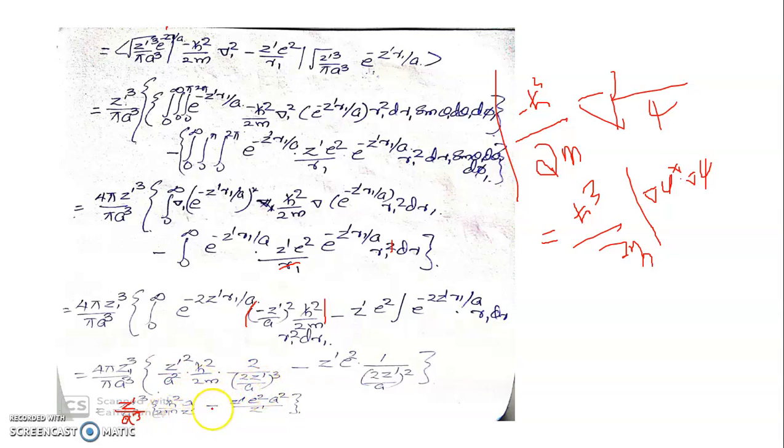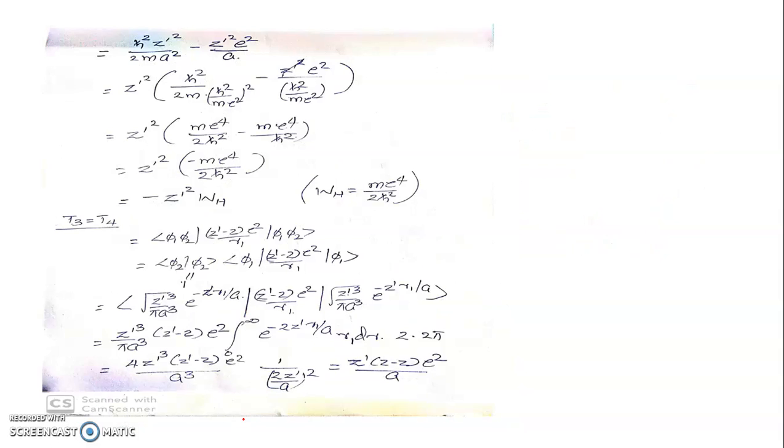Minus this term becomes z prime goes, a square comes to the numerator, e square a square divided by 2 square into 4 is there, so this 2 square also will go. What remains is e square a square divided by z prime. So this is the ground state energy obtained in terms of the adjustable parameter z prime. As far as the first two terms are concerned, these two energies are exactly identical.